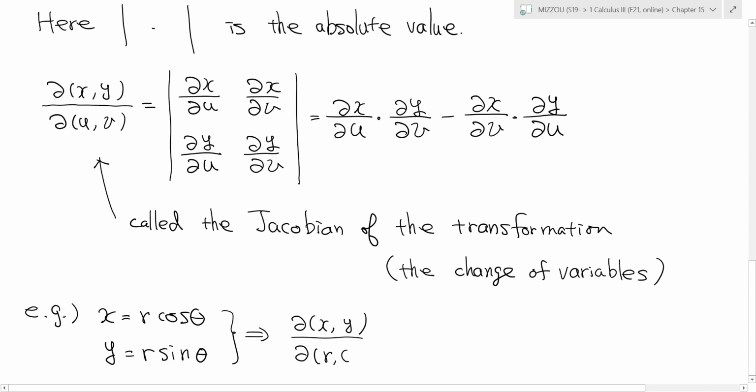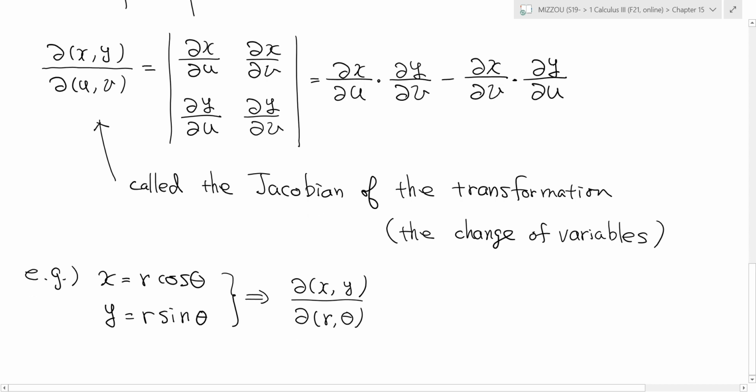And once again, this is not really a fraction of anything. It's just a symbol to denote the Jacobian. So this is the determinant of partial x partial r, partial x partial theta, partial y partial r, and partial y partial theta.